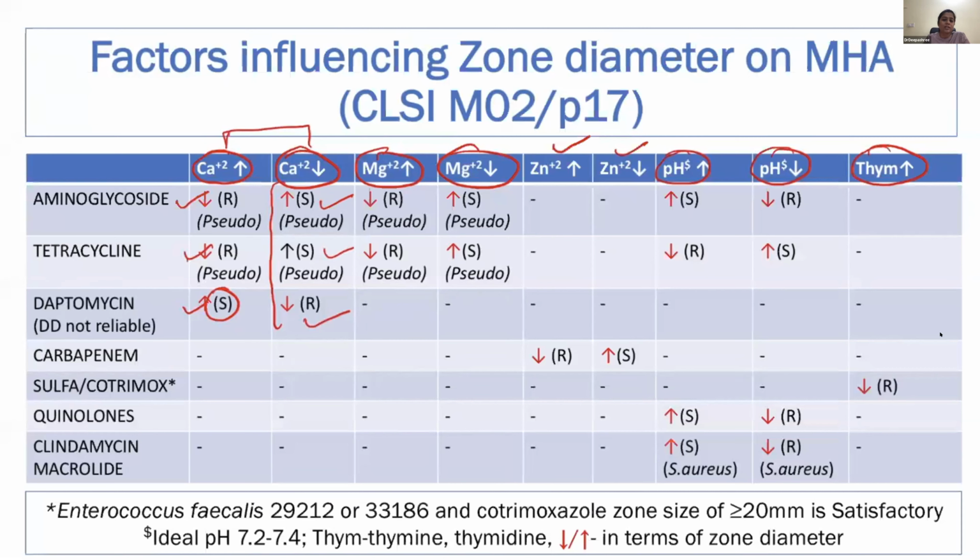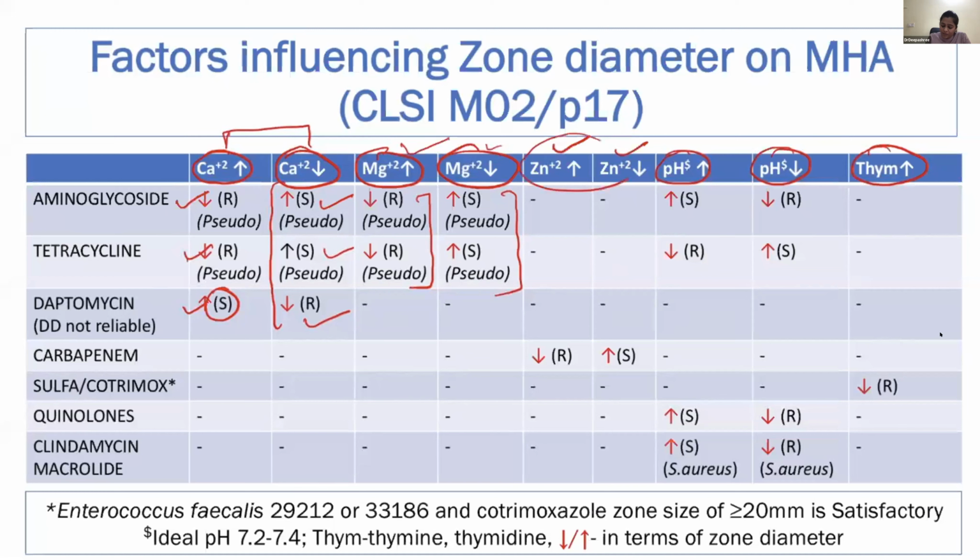So all of you can make this table. It's very self-explanatory. You can put this table up and refer to it while you're preparing the Muller-Hinton agar. The same holds good for magnesium also. If the magnesium concentration is very high in the medium, these are the consequences, and if magnesium concentration is low, then it is vice versa.